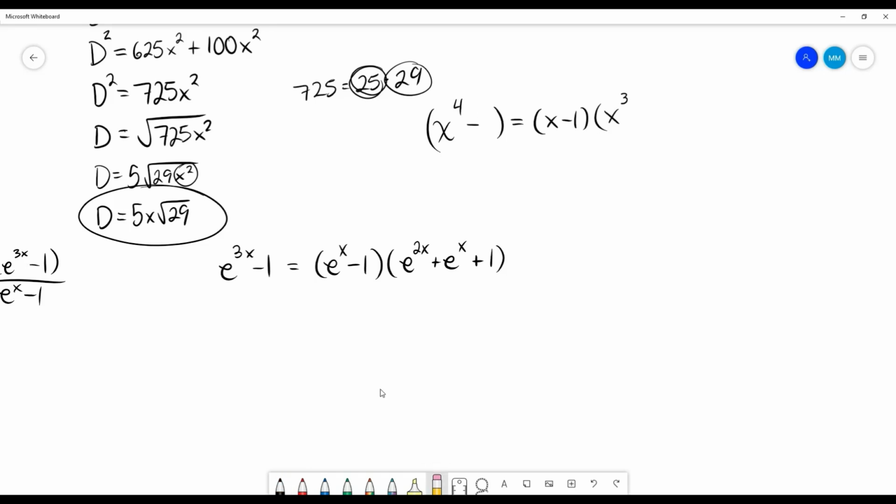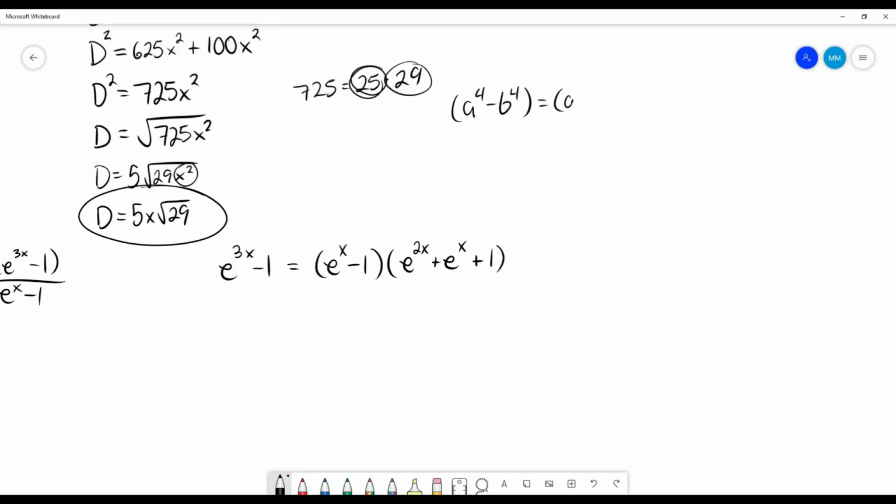I got myself confused. So let me redo that. Sorry. So let's say I've got a to the 4th minus b to the 4th.